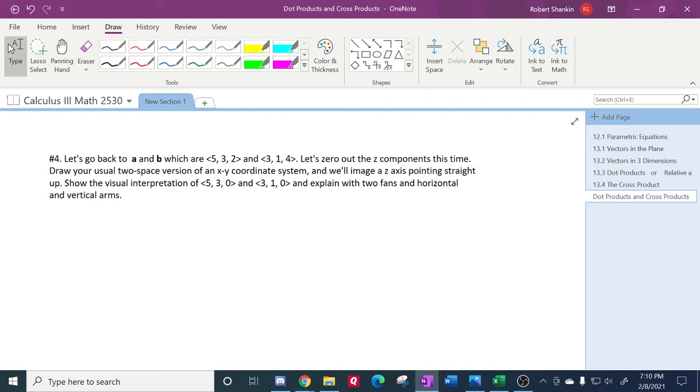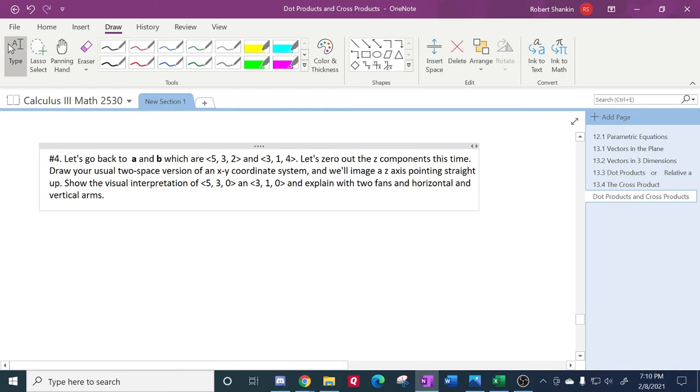And then show the visual interpretation of those two vectors, the visual interpretation of this cross product. We actually want this, and explain with two fans and horizontal and vertical arms.